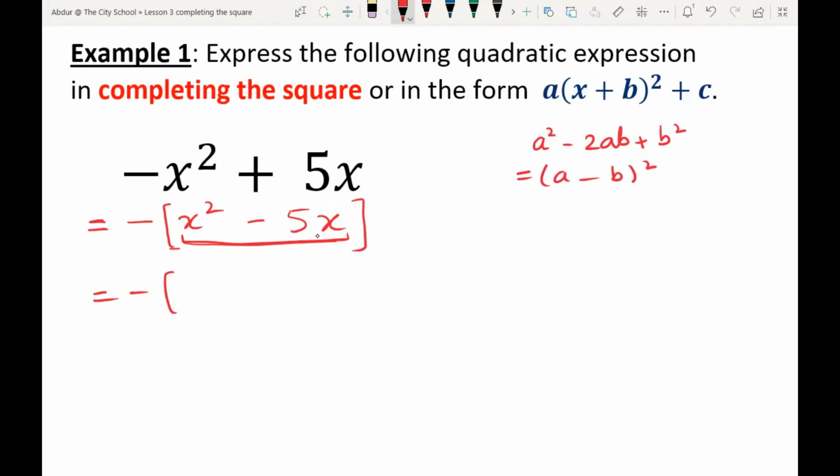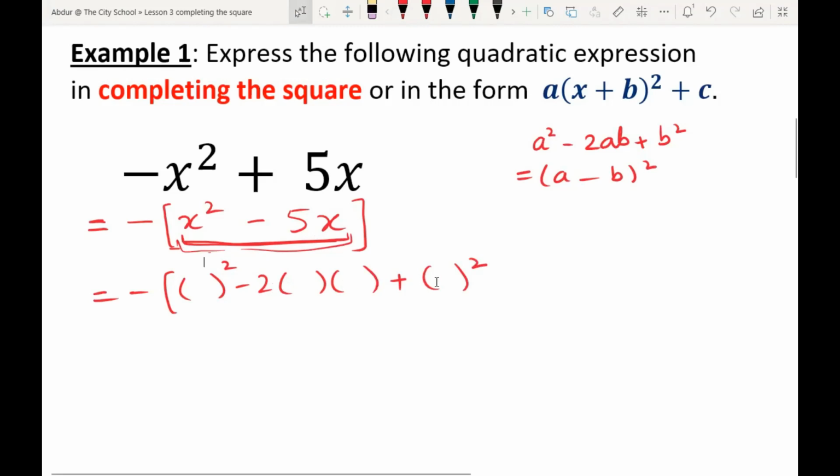So by writing empty parenthesis, a square minus 2ab plus b square. These are two terms here, and there are three terms: a square minus 2ab plus b square.